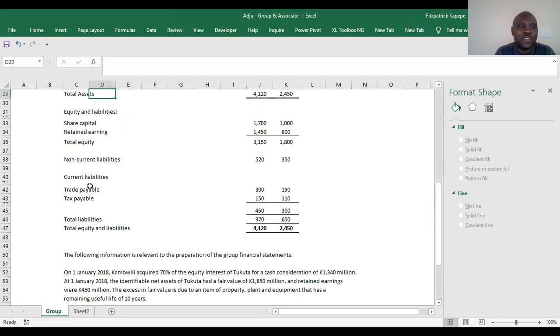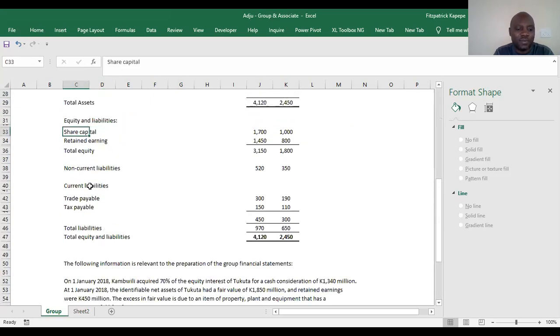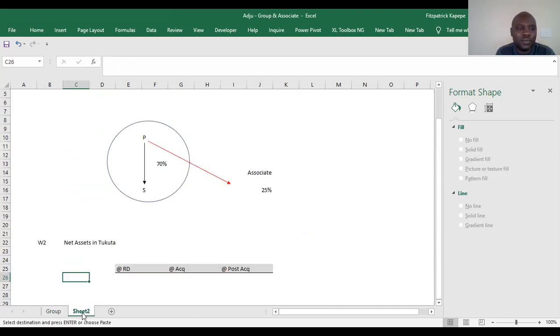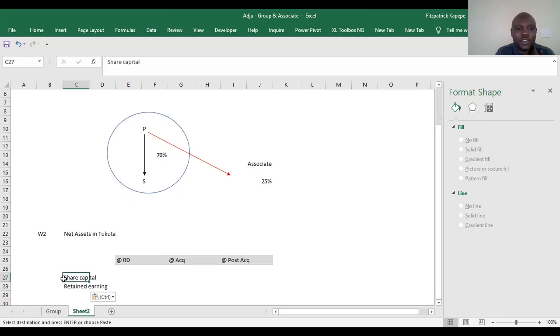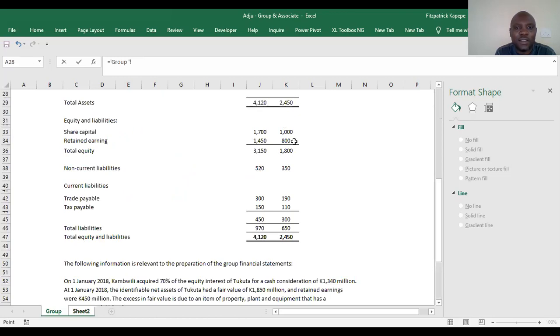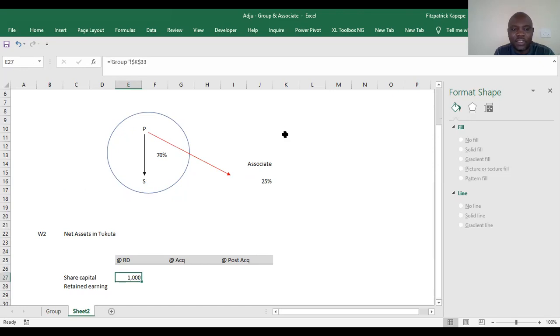I'll pick it like that, which is in acquisition. Then I'll come to retained earnings.